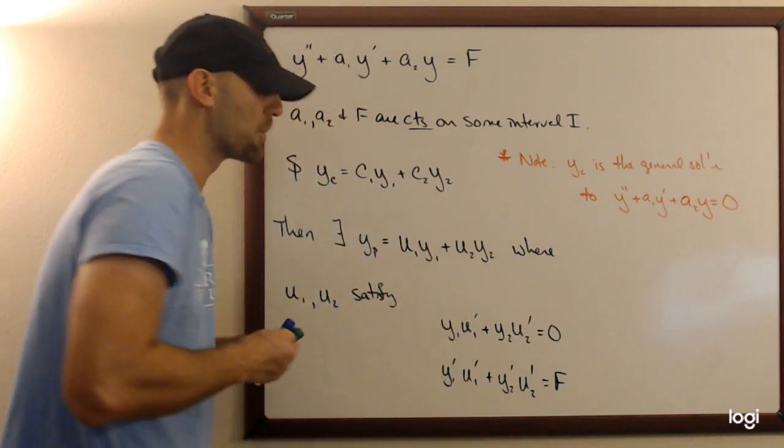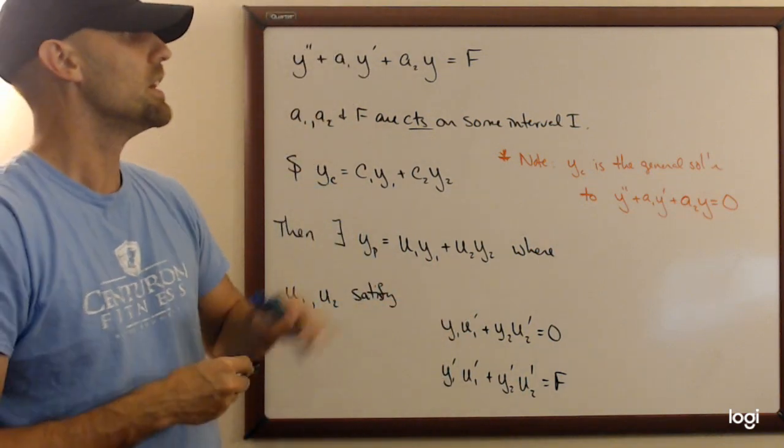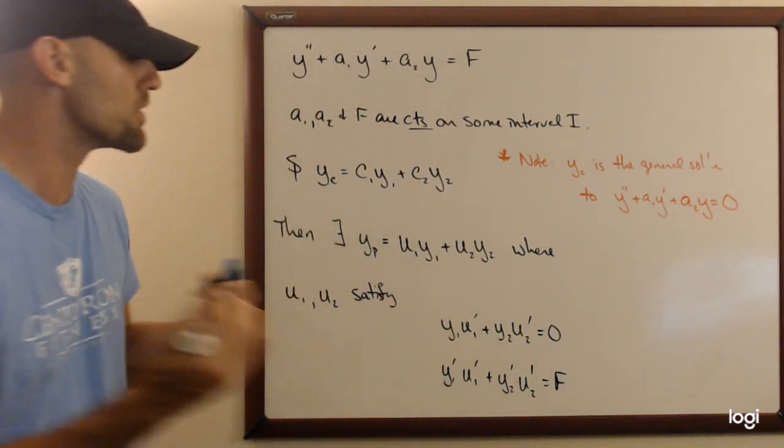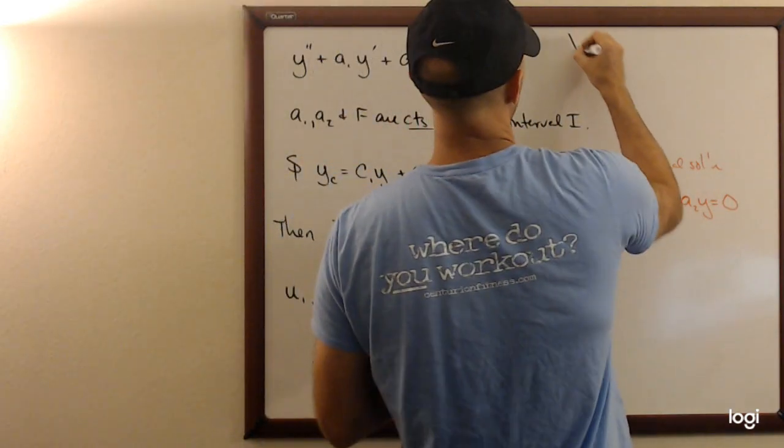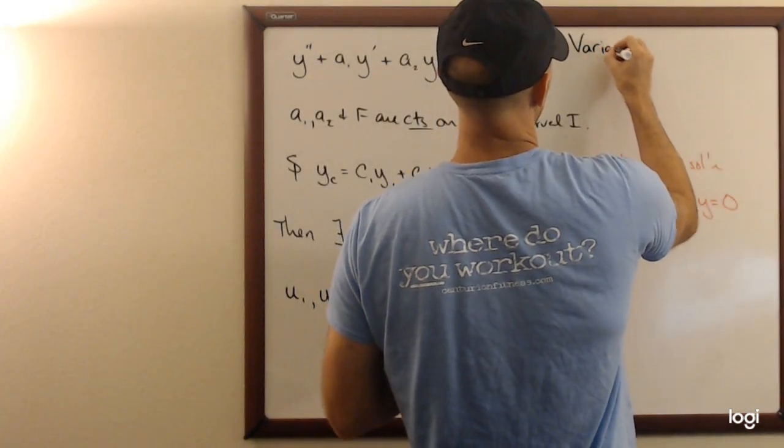Okay. Now I realize this seems like this definition got a little bit large and somewhat complex, but it's not. We're going to work through it here. It'll make more sense when we do an example.